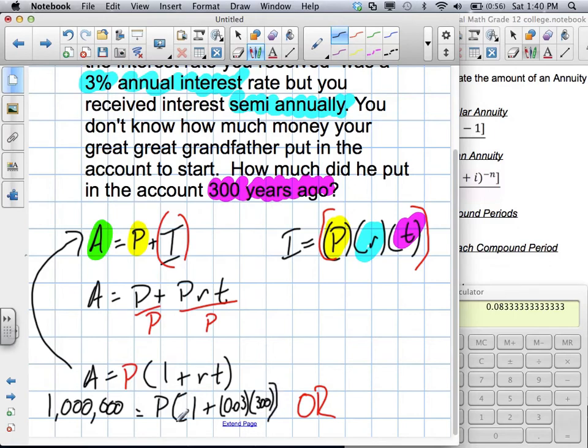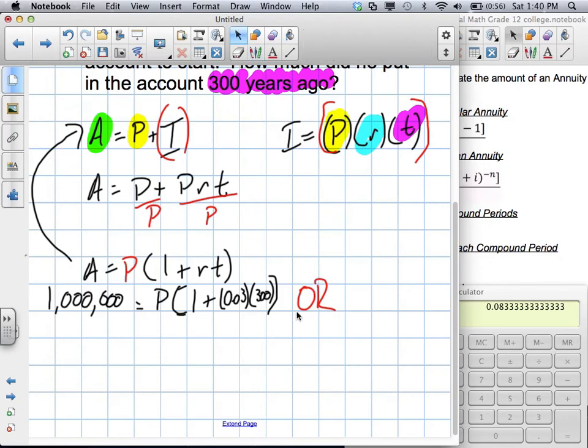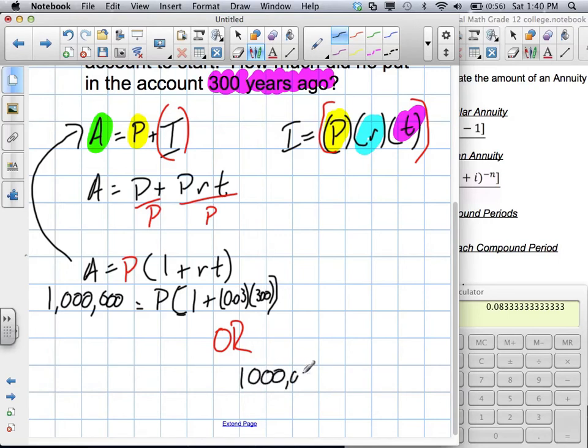Or, I guess we need a little more room for this, kind of slide it over. Or there's the option of $1 million is equal to P. Again, we're still looking for it. 1 plus. Remember I said we receive it semi-annually? Do you know what semi-annually means? Half. Every half year.